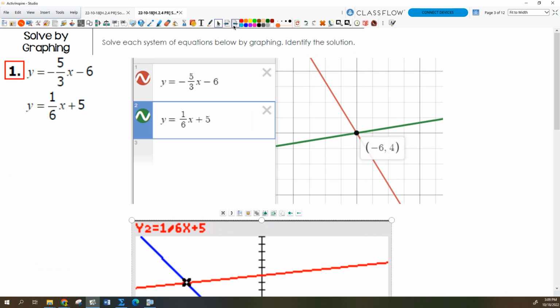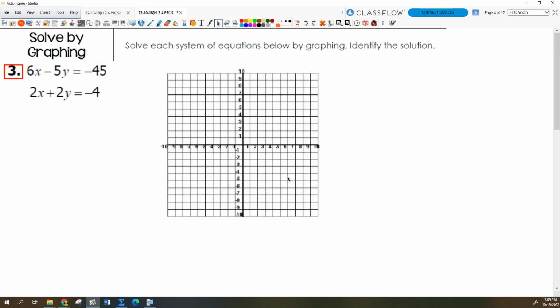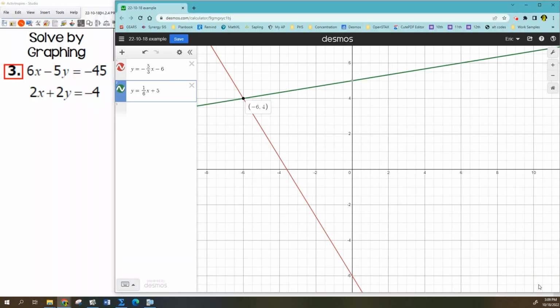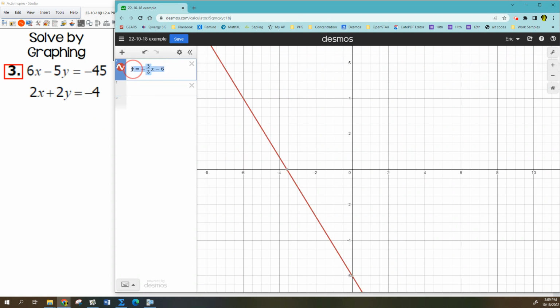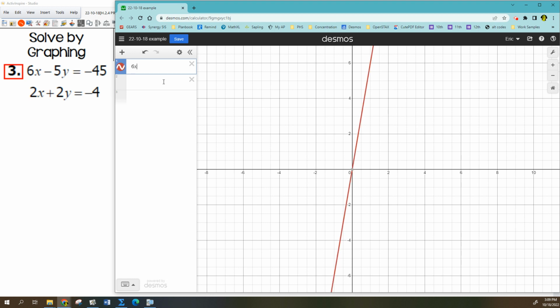So let's try another one. Okay, try this one. Now this one is super easy on Desmos, right? All I have to do in Desmos is literally just type those in just the way they're written. So I'm going to erase these. Okay, what's really nice about that is I don't have to solve for y. I can just type in 6x minus 5y equals negative 45.